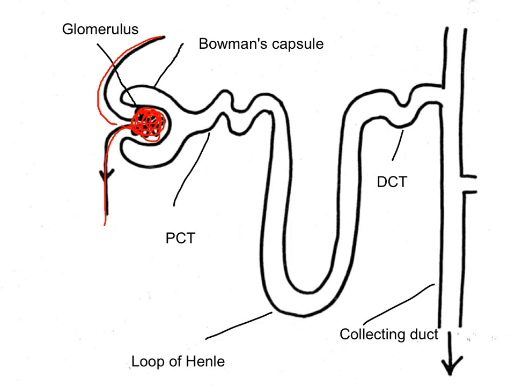The blood entering this region is under very high pressure, and substances that are small enough can cross the filter, which would include the cells of the glomerulus wall as well as the cells of the Bowman capsule, and move into the hollow portion of the Bowman's capsule. So that would be the process of filtration.